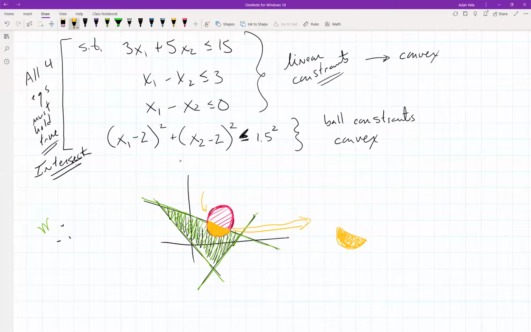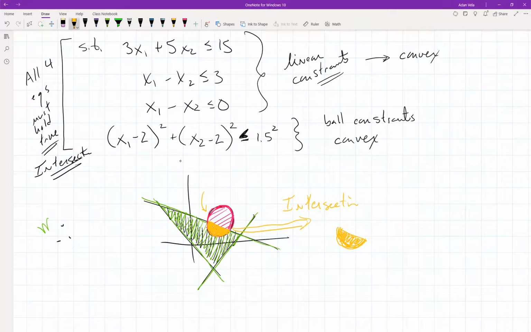We're not taking the union of these things. We're not adding the red area to the green area to the feasible set. No, we're intersecting them, right? And when we do that intersection, we're only left with this half moon.